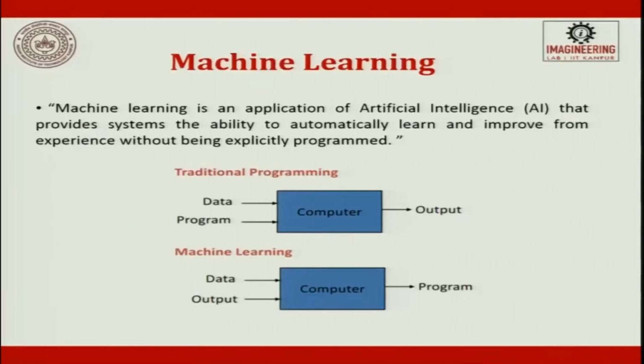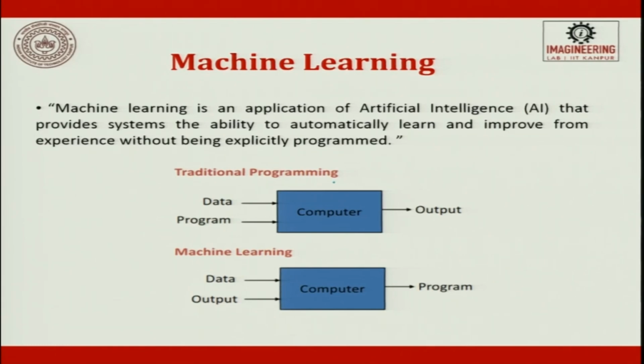So, when you are 20 meters ahead of that, you will have to reduce the speed, negotiate over the pothole and then start going. So, this is what machine learning does. It automatically learns from the data points and improves the experience without writing a program.